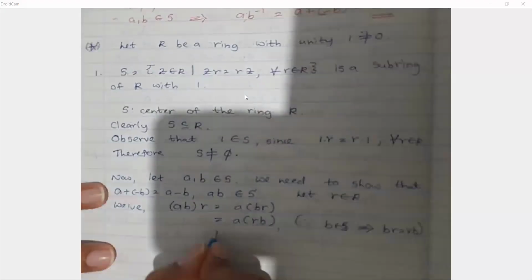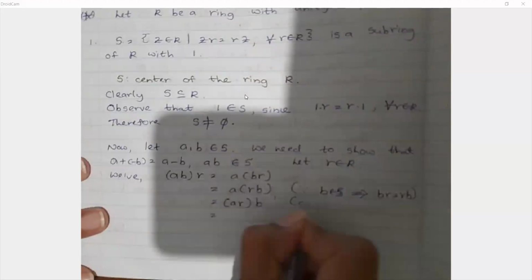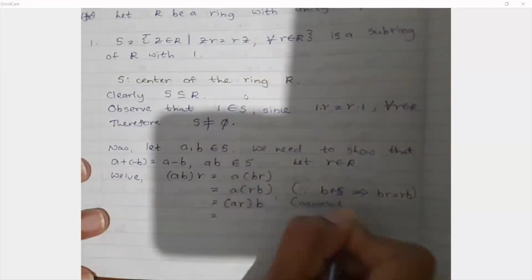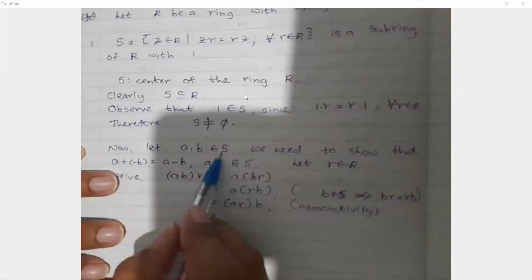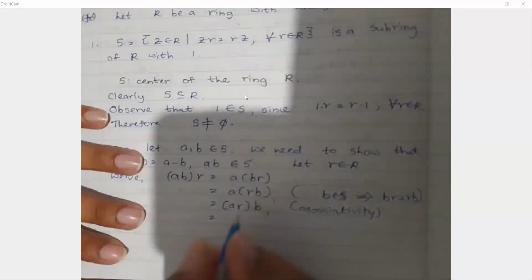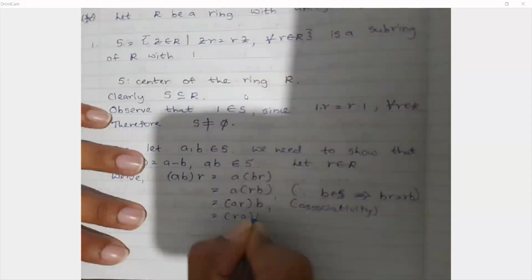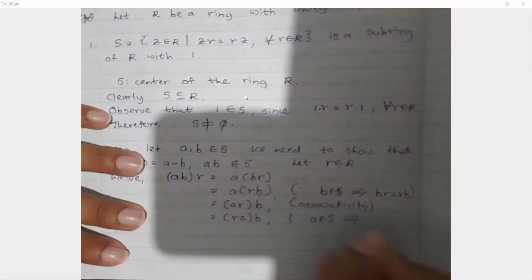Now, once again, using the associative property, we can write ar times b. Once again, a is taken from S. Therefore, by definition of S, for any r that you take from the ring, we must have ar equal to ra.